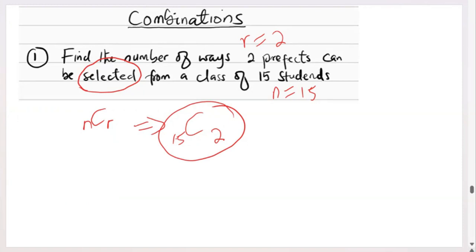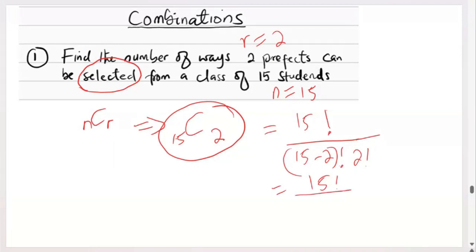So you can go ahead and substitute into your formula. This is going to be equal to 15 factorial divided by 15 minus 2 factorial, and then 2 factorial. So 15 minus 2 is 13 factorial, times 2 factorial.